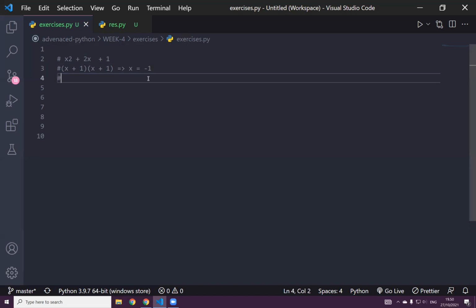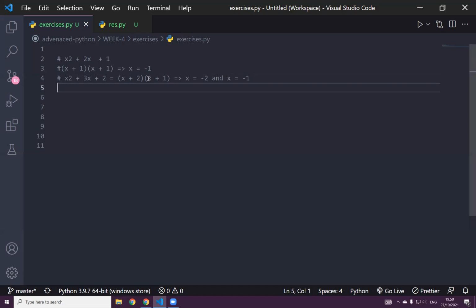If we have x squared plus 3x plus 2, this can be written as x plus 2 and x plus 1, and the solutions are going to be x equals minus 2 and x equals minus 1.